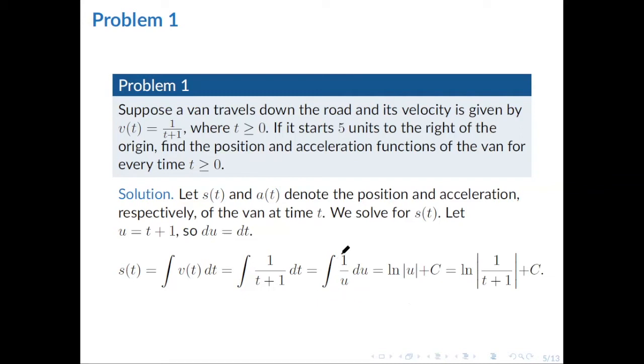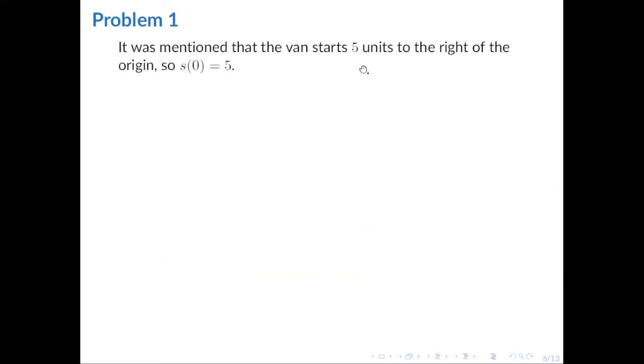Then integral neto is equal to ln of the absolute value of u plus c. So, yung S of t natin, ito siya. So, ln of the absolute value of quantity t plus 1 plus c. So, ito na yung S of t natin. No? Ayan yung position function natin.